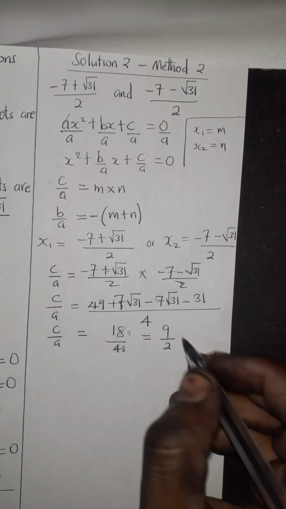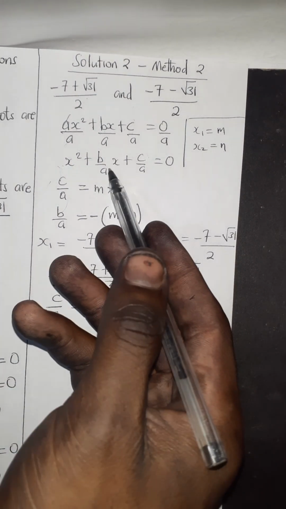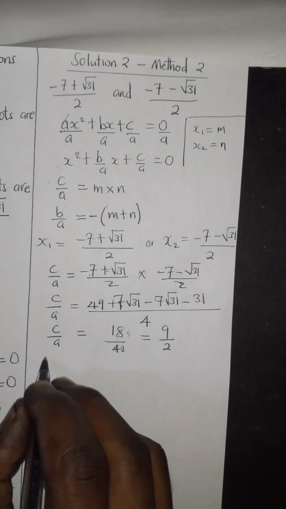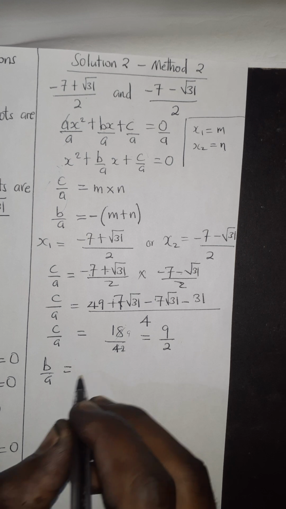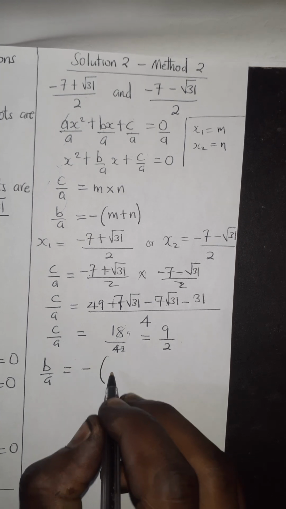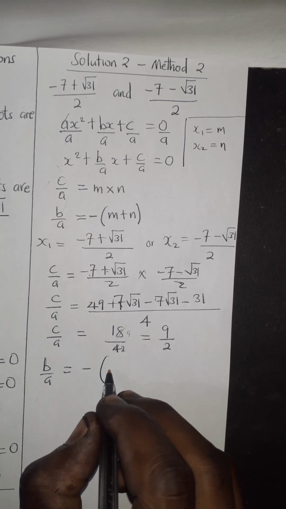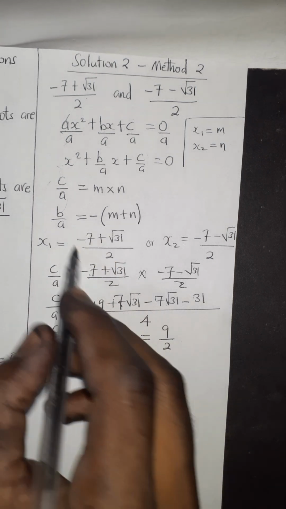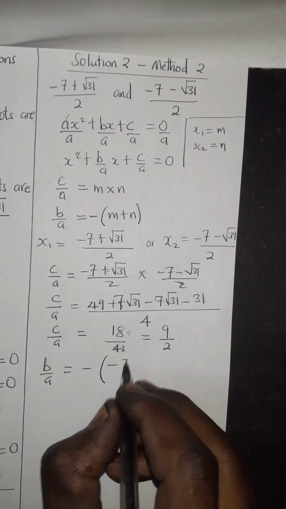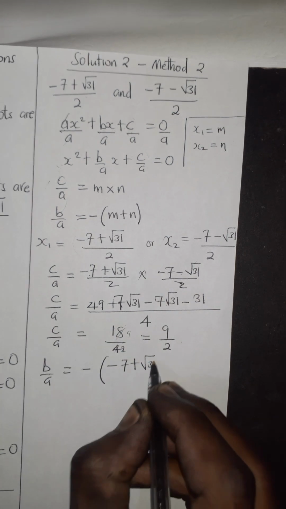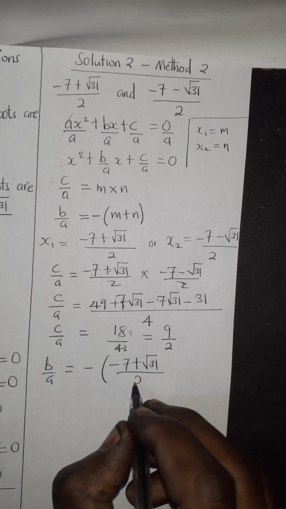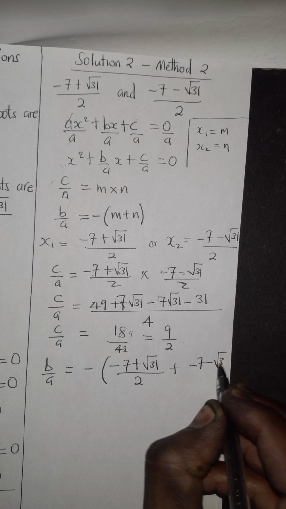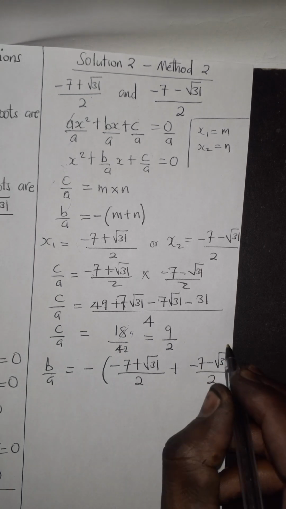After that, we have to get the coefficient of x, which is the middle term. Now, for the coefficient of x, b over a, we have said we are going to negate the sum of m plus n. The x values are negative 7 plus root 31 over 2, plus negative 7 minus root 31 over 2.